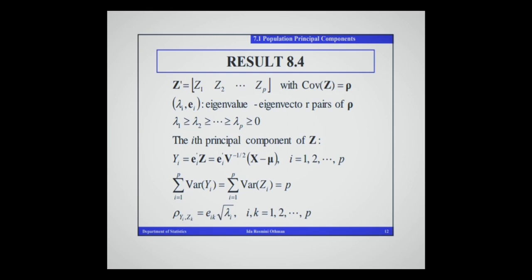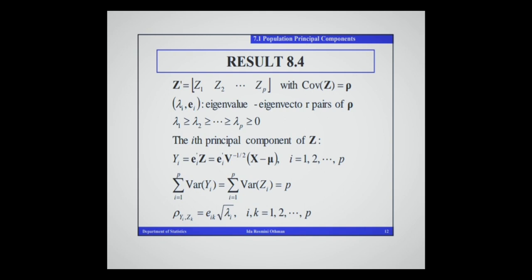So the formula to get the principal components: the i-th principal component is yi equal to the transpose of the normalized eigenvector ei multiplied by the standardized variable z. Before this, it was x, but now we replace x with z.